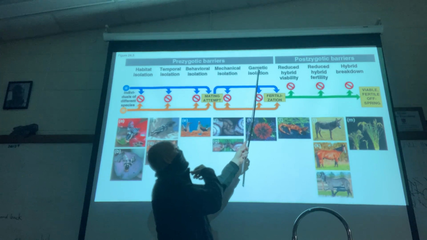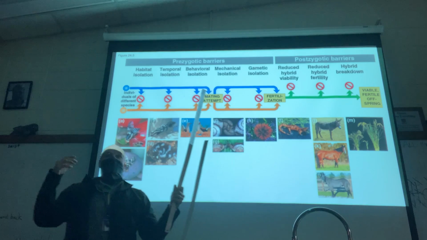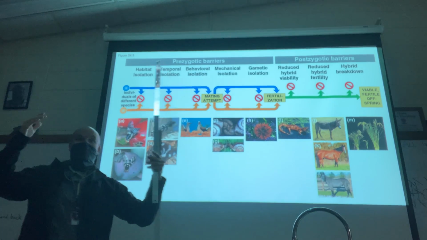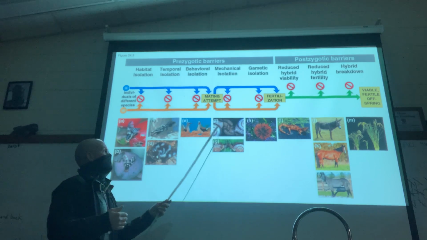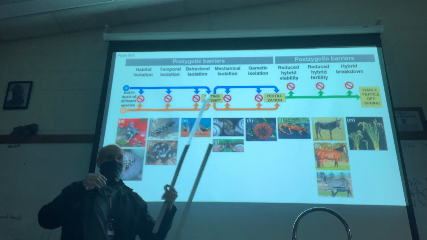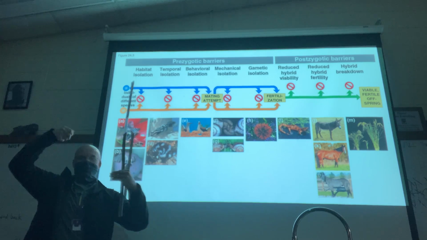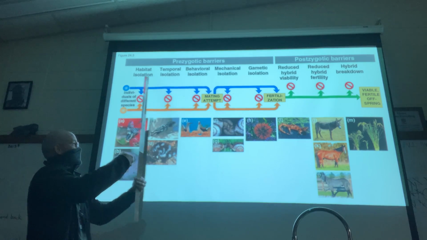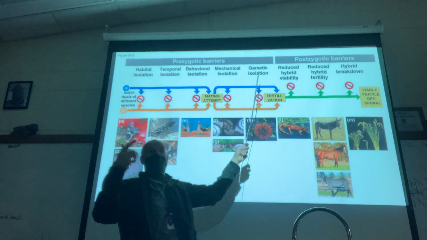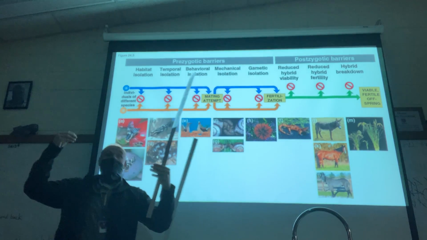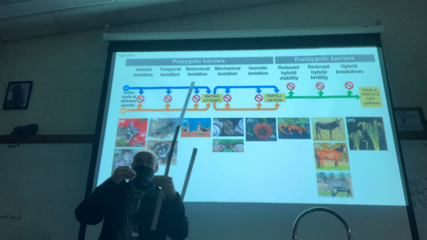Mechanical and gametic isolation, these are barriers that actually can happen after a mating attempt. They talk about these snails who have different shaped genitals so they don't even fit together for sexual reproduction. And sometimes it's the sperm and egg cells that can't chemically communicate.